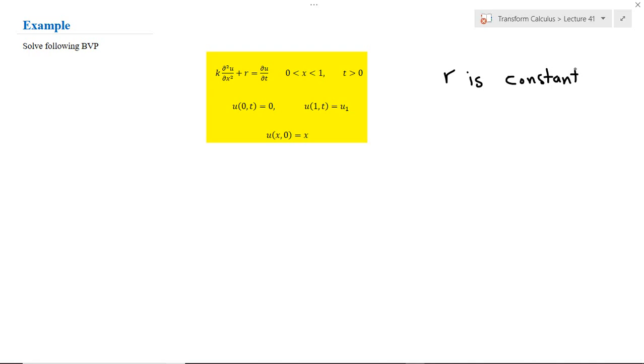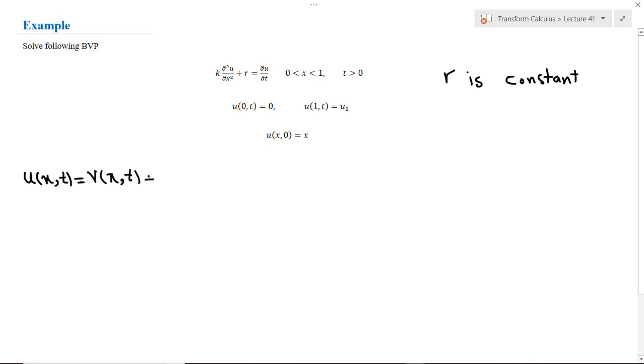And if you look at the boundary conditions, u of 0 and t is equal to 0, u of 1 and t is equal to u1. u1 is a constant, so it's time independent as well. As a result, we can use the first solution to solve this boundary value problem. So based on the solution that we had, we said we have to assume that u of x and t is equal to v of x and t plus psi x.